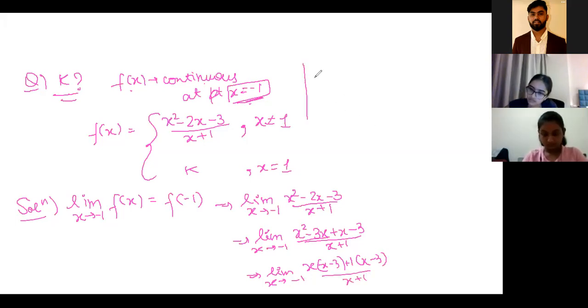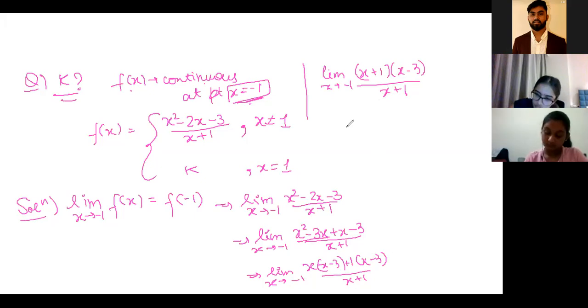So we'll get, I'm writing it over here, limit x tending to minus 1 of x plus 1, x minus 3 upon x plus 1. So from here we'll get the value 3. Oh, I'm so sorry.